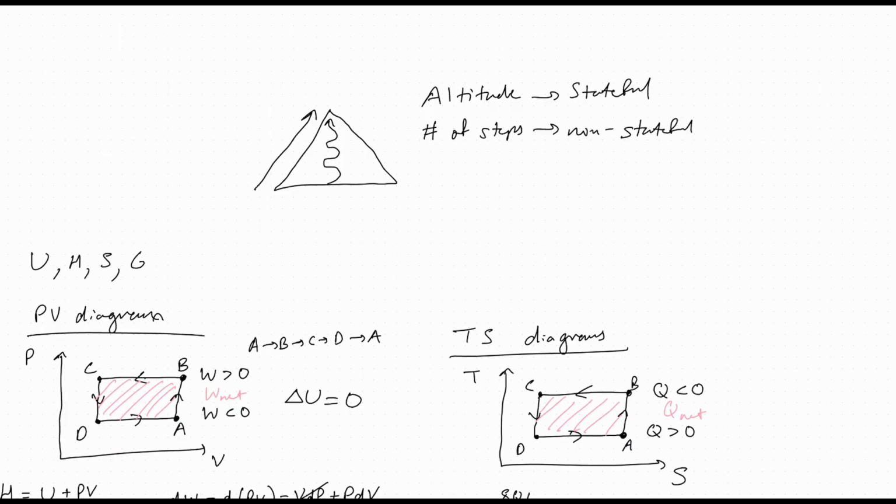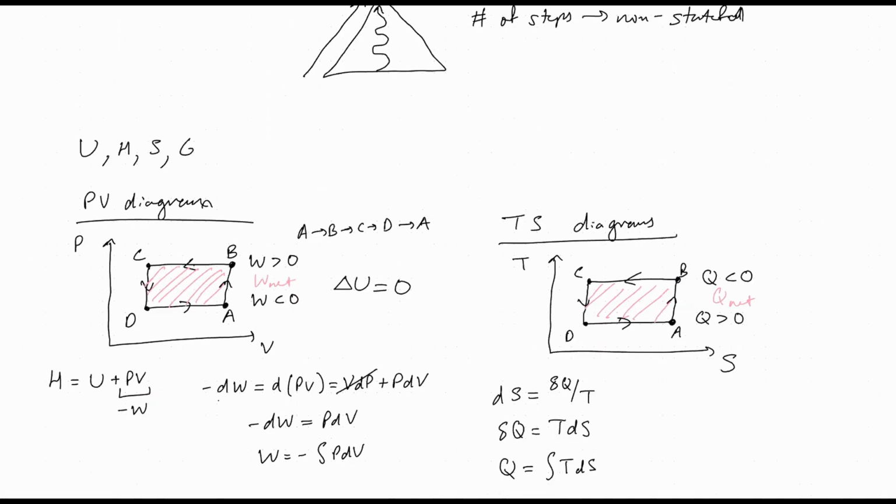So the key to remember here is that U, H, S, and G, these are all state functions. They are dependent on a state. So if I go from A and it doesn't matter what journey I do, if I return to A, I must be back at the same internal energy state because energy cannot be created or destroyed. So delta U equals zero.